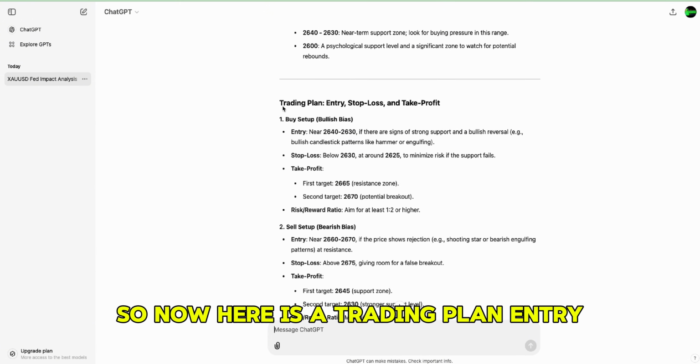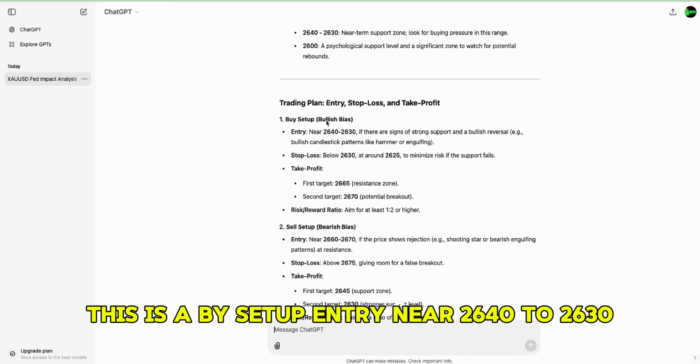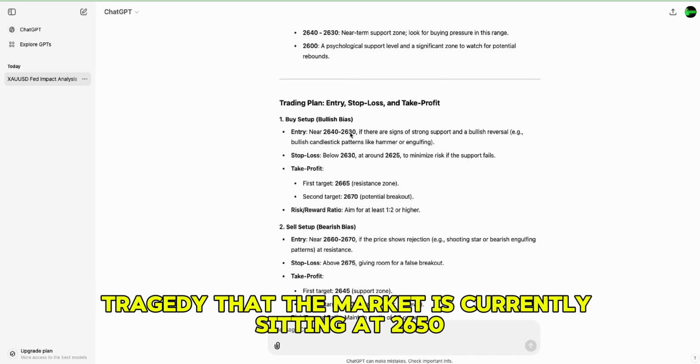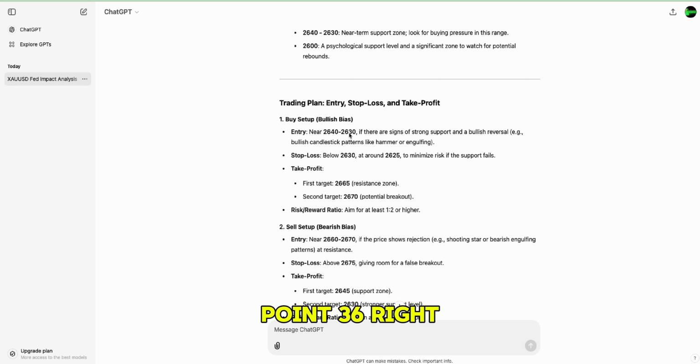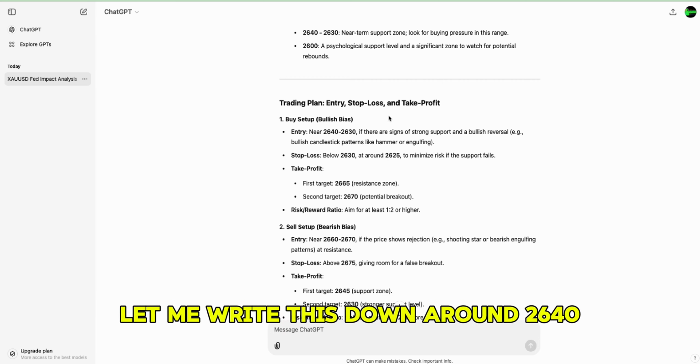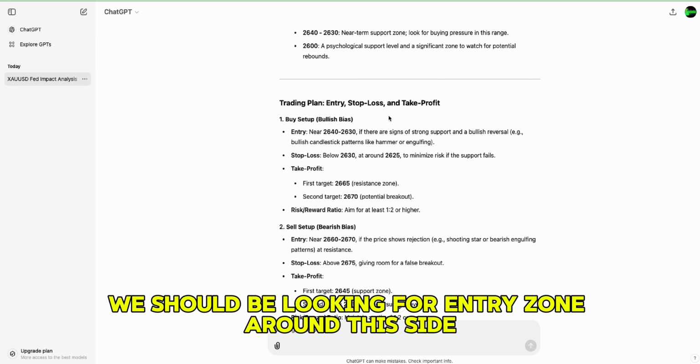So now, here is the trading plan: entry, stop loss, and take profit. This is a buy setup. Entry near 2640 to 2630. We told ChatGPT that the market is currently sitting at 2650.36, so ChatGPT is telling us that around 2640 to 2630, we should be looking for an entry zone.